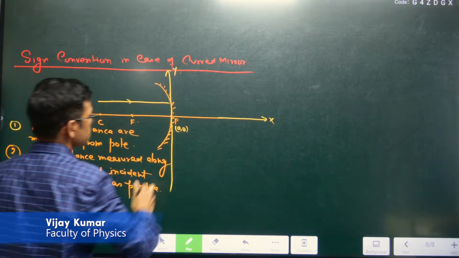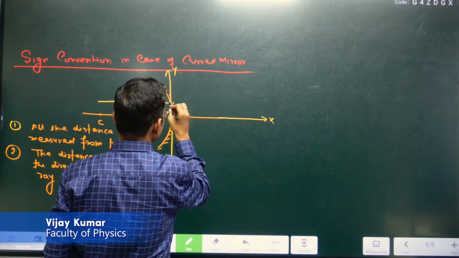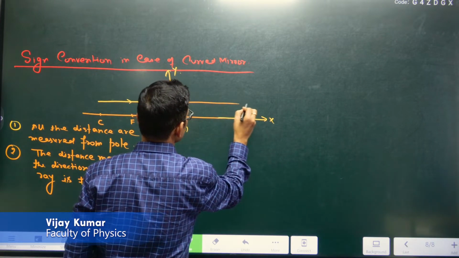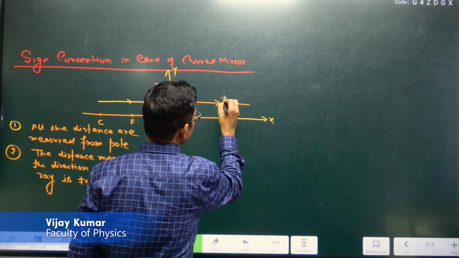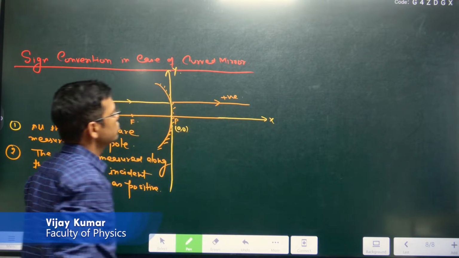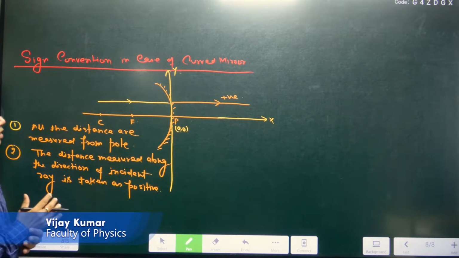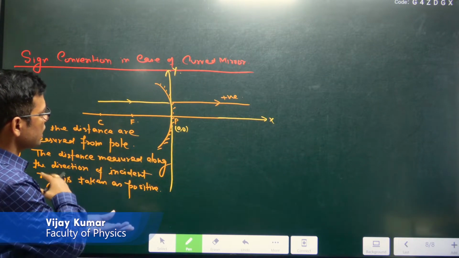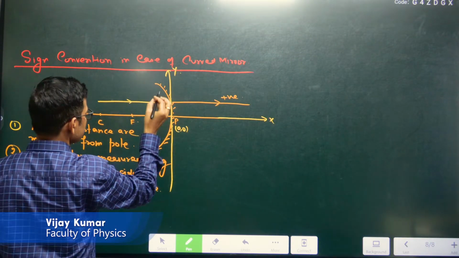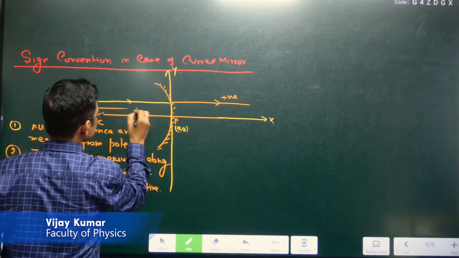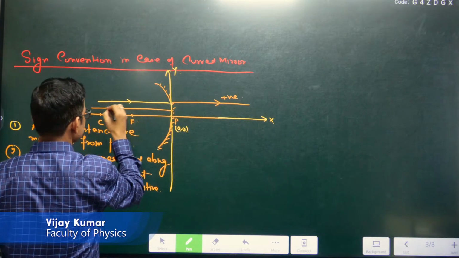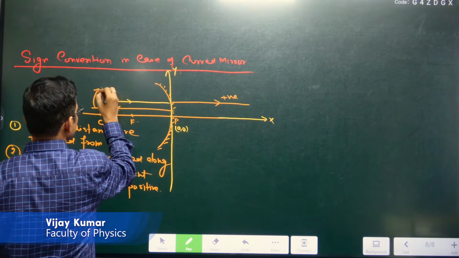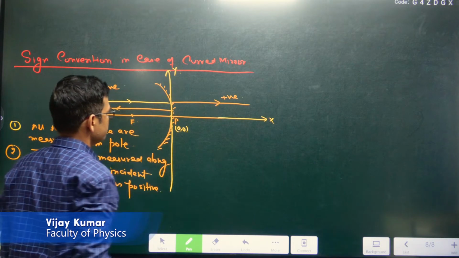It means, suppose we measure the distance along this direction, this will be taken as positive, and the distance measured opposite to the direction of the incident ray, suppose we measure this distance, that will be taken as negative.